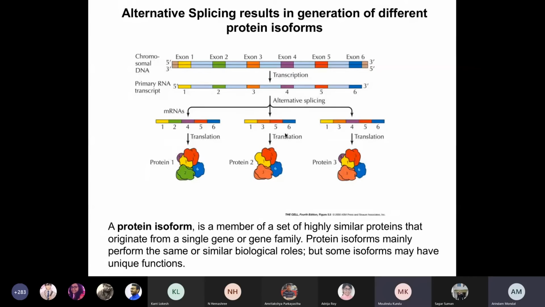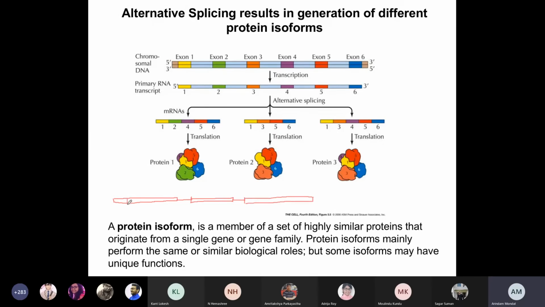Yes, sir. But if you do not have this particular mechanism, how can you do that? You can have a mechanism like, you will be having gene 1 for protein 1, then again you will be having gene 2 for protein 2, again you will be having gene 3 for protein 3.